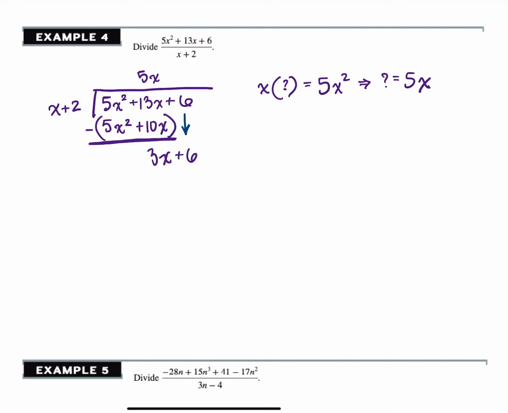So now I'm looking at the first term on the outside, always just looking at that term, and then the first term here. And I'm asking myself, x times what? x times something will give me 3x. Well, in this case, I just need a 3.